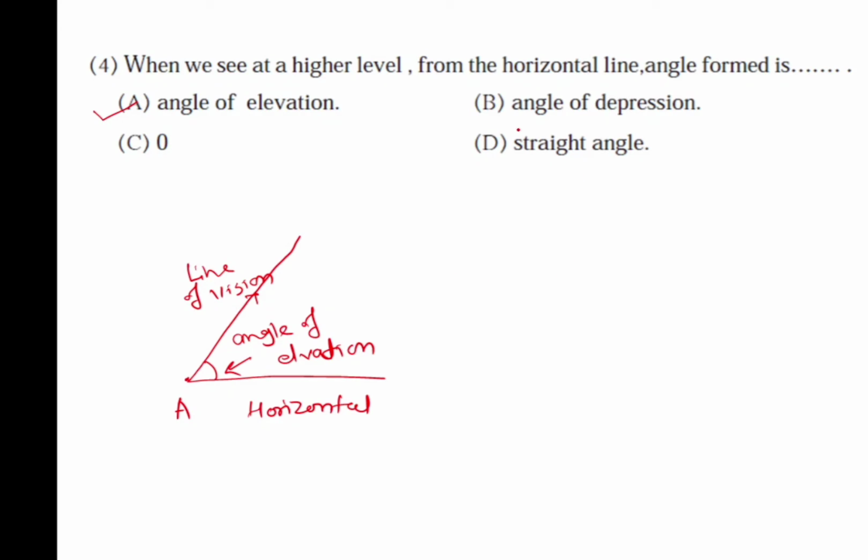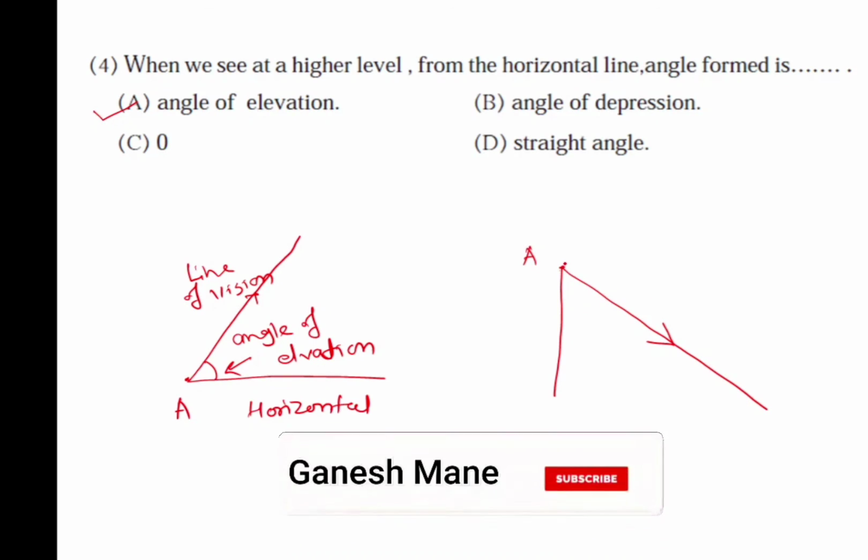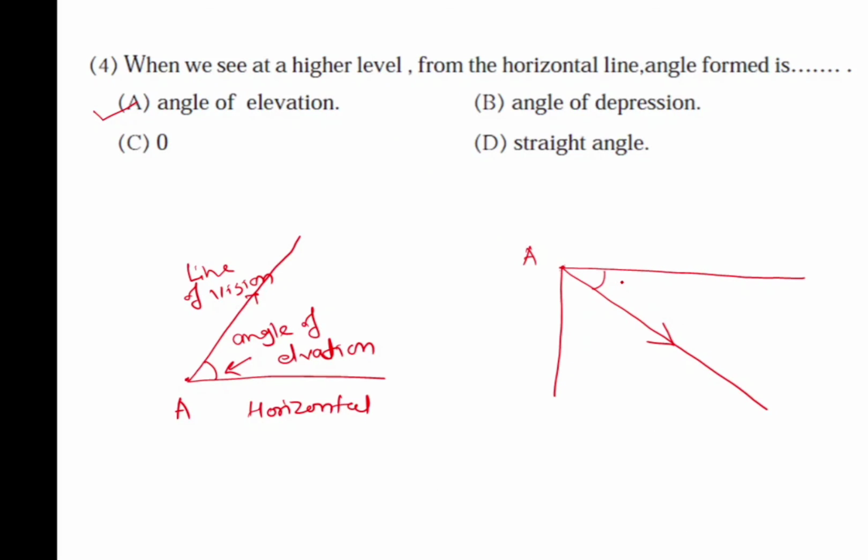And on the other hand, we have angle of depression also. Suppose there is one person standing on a building or a tower, at point A, and if he is observing any object on the ground, this time this is the line of vision, and the angle made by this line of vision with the horizontal is called the angle of depression.